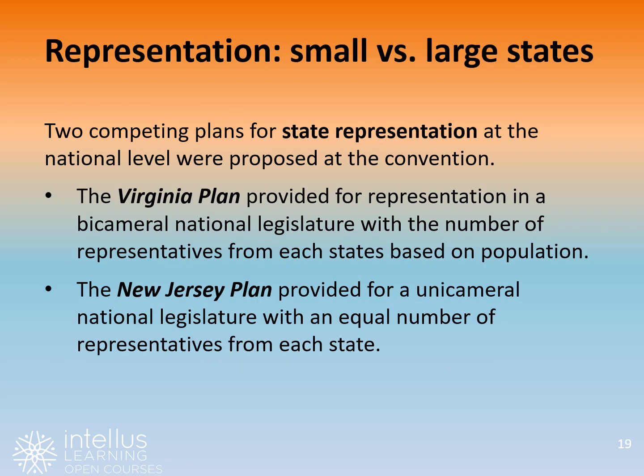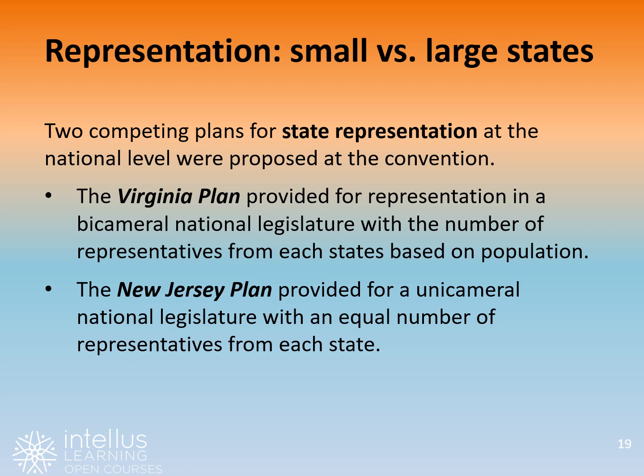Two competing plans for state representation at the national level were proposed at the convention. You've read about them, and you should get familiar with them. The first one was the Virginia Plan, and it provided for representation in a bicameral national legislature with the number of representatives from each state based on population. So bicameral means two houses.